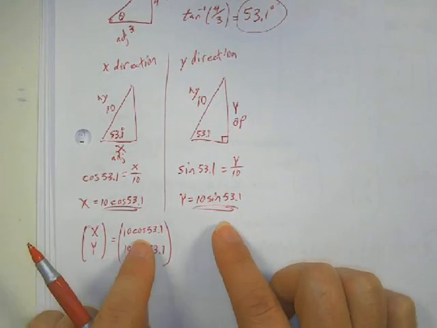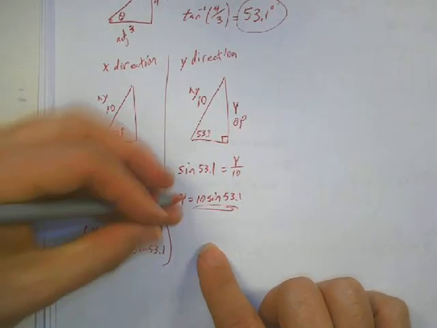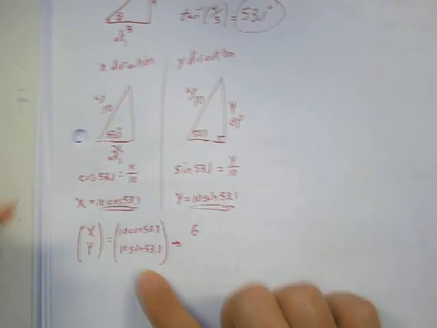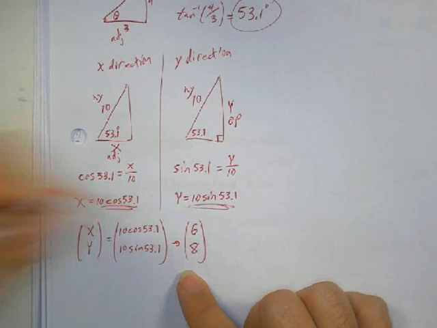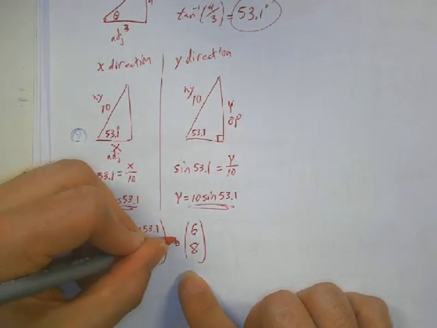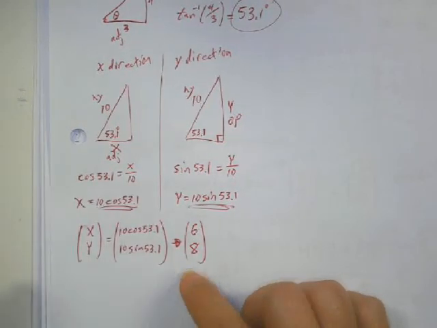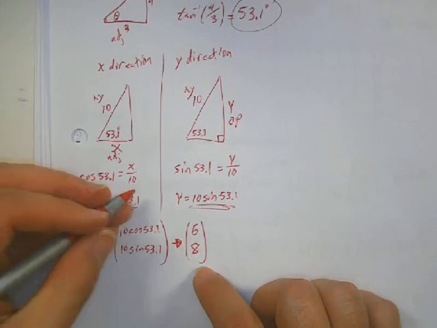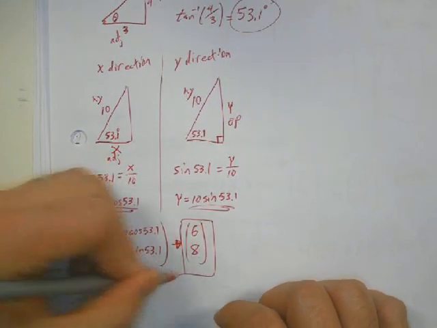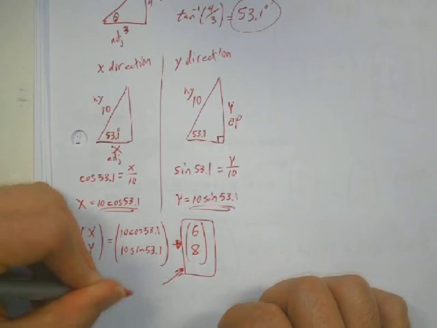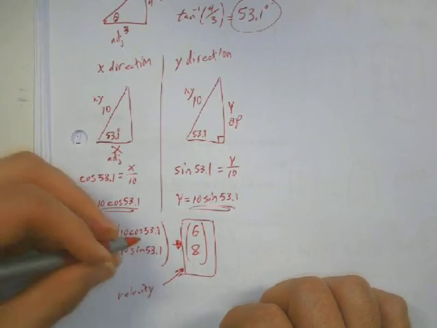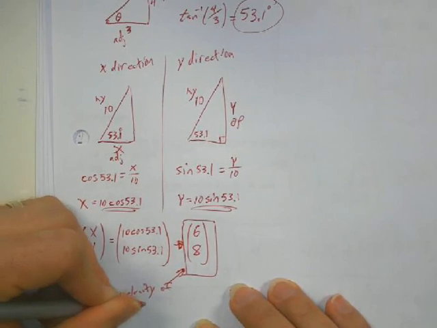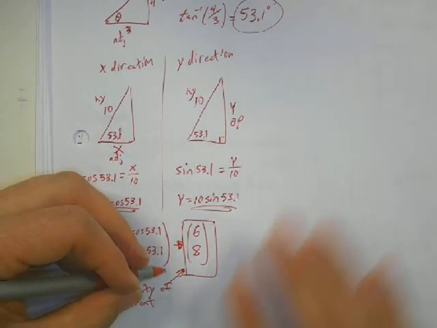And if I plug in 10 cosine 53.1, we end up with 6, and here we end up with 8. Okay, next. So this is our velocity of the current in column form.